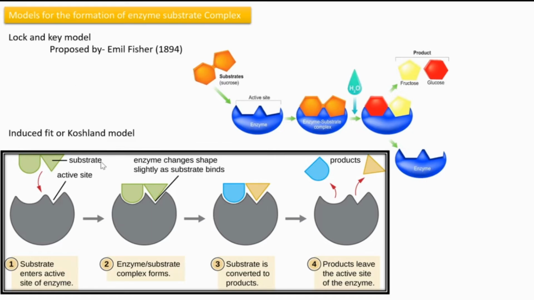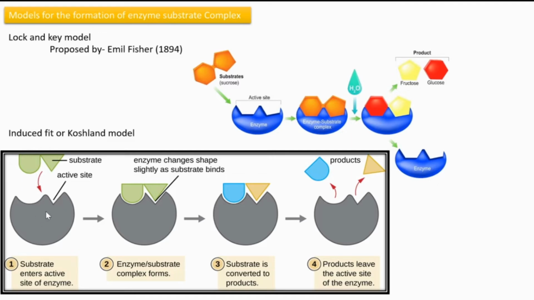Next model is induced fit, or the Koshland model. That was proposed by Koshland in 1963, and it explained the flexibility of the active site. It explains that the active site is not rigid.